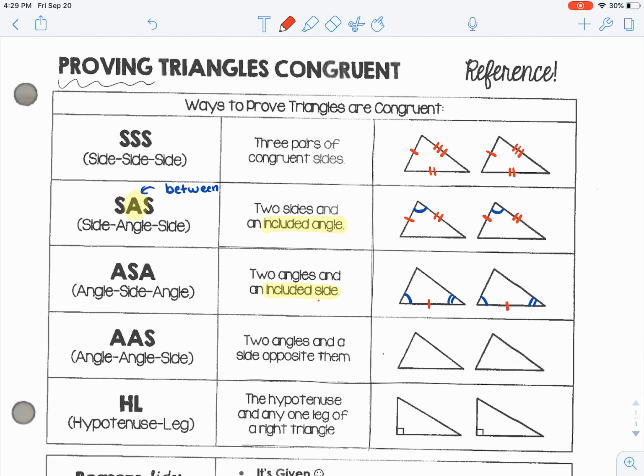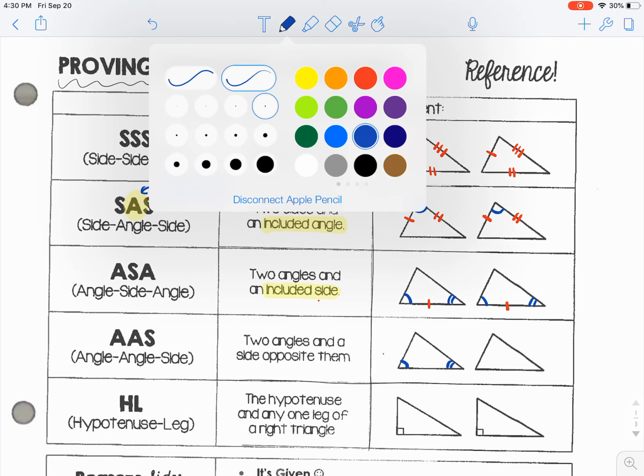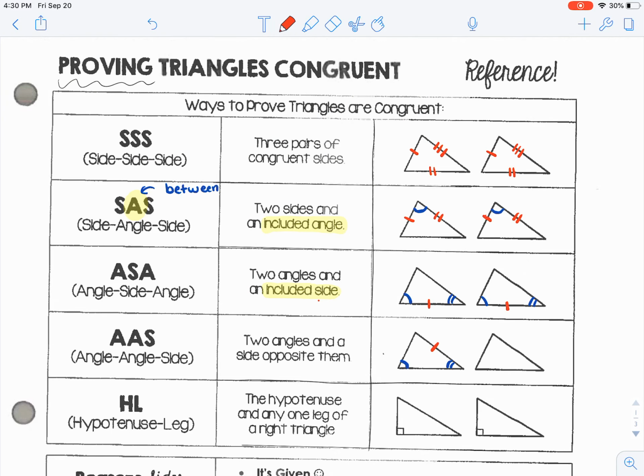The fourth shortcut that we learned is that if 2 angles and a non-included side of one triangle are congruent to 2 angles and a non-included side of another triangle, then the 2 triangles are congruent.